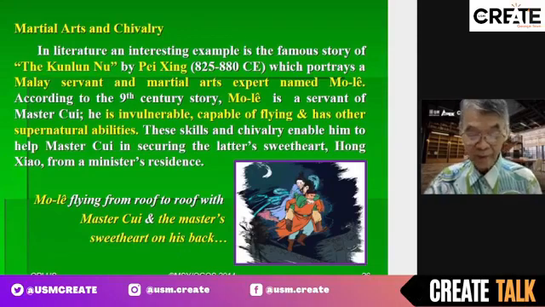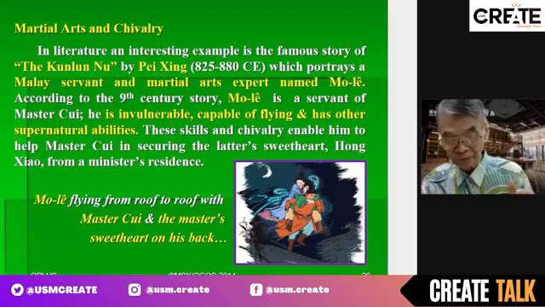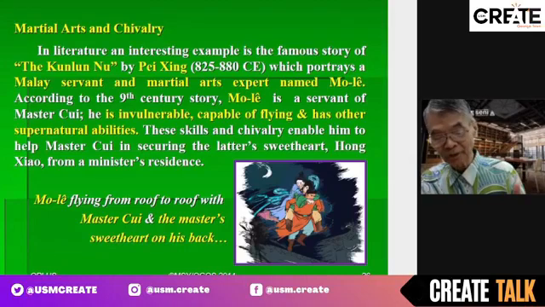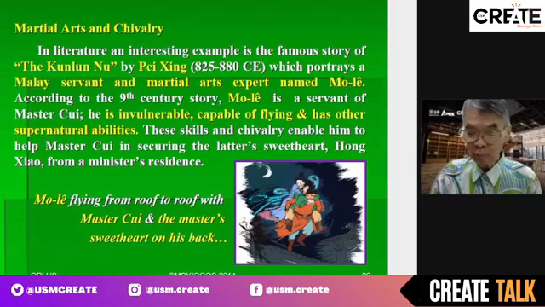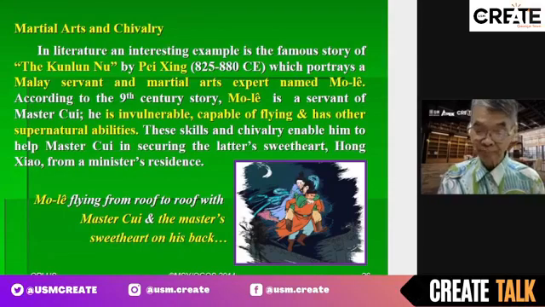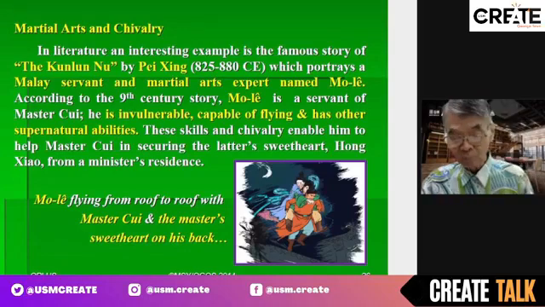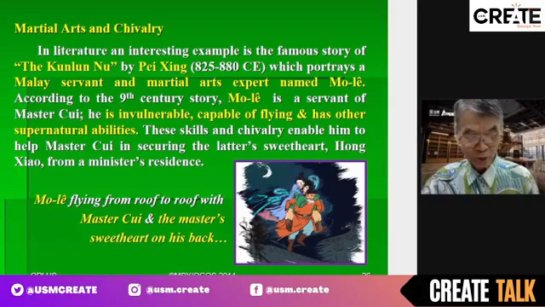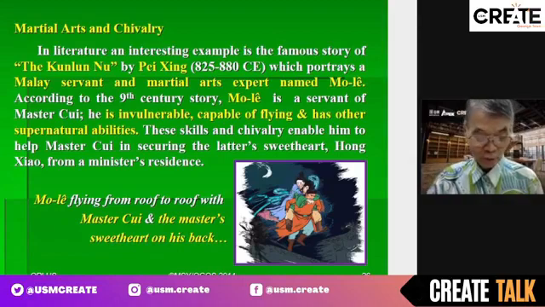Written in the 9th century, it portrays a Malay servant or slave who is a martial arts expert named Mole, M-O-L-E, Mole. According to the 9th century story, Mole is a servant of Master Tui. He is invulnerable, capable of flying, and has other supernatural powers.